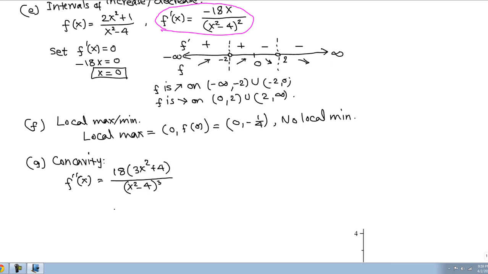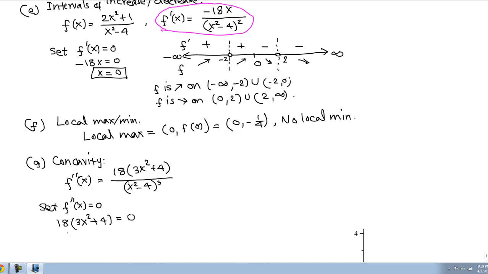Now, to find the possible x coordinates of points of inflection, we set the second derivative equal to 0. Pretty much we do the same thing we did in part E, which was for the first derivative. When we set the second derivative to 0, the bottom has no contribution, so we get 18 times 3x squared plus 4 equals 0.